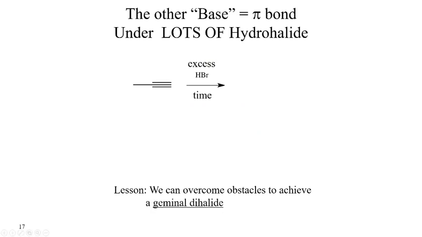And so we end up forming our geminal dihalide. Remember how we talked about geminal versus vicinal in the past? Geminal means the bromines are on the same carbon. So we can go through and do that.